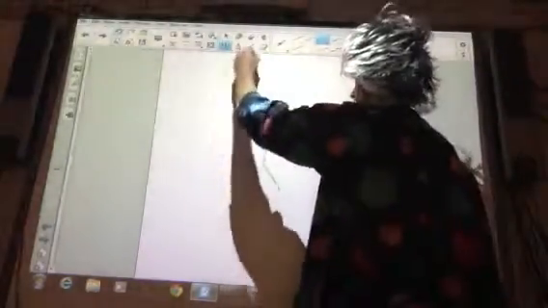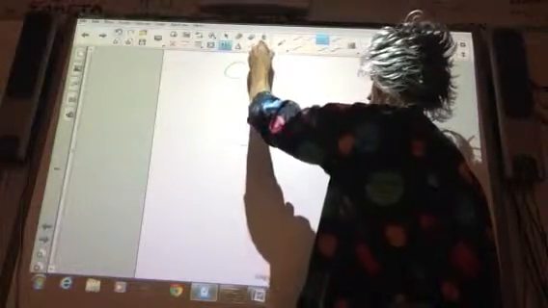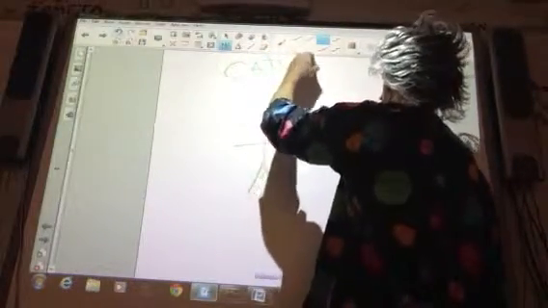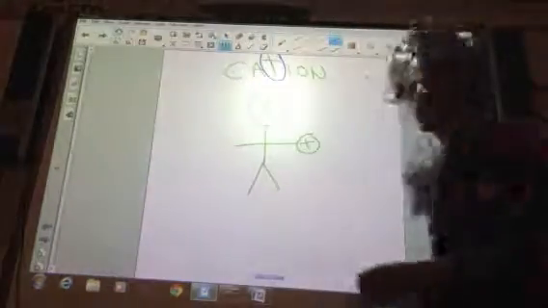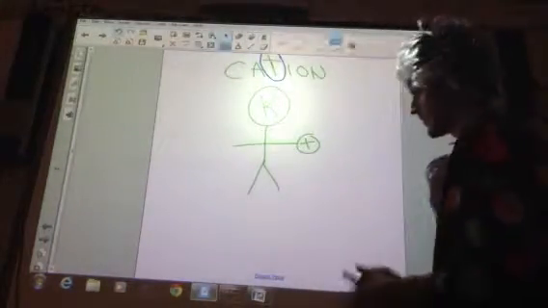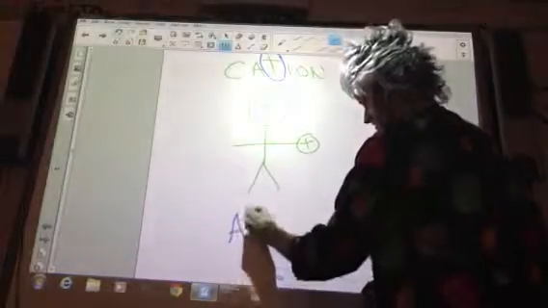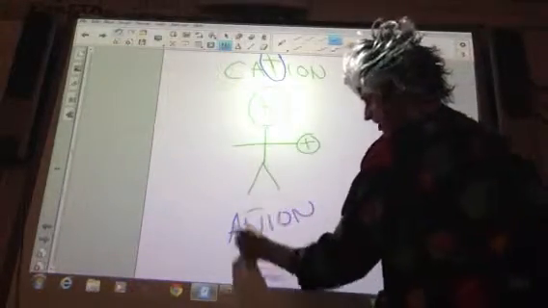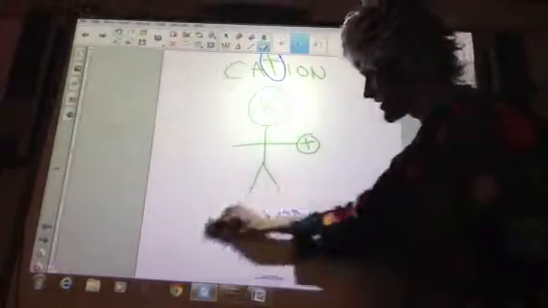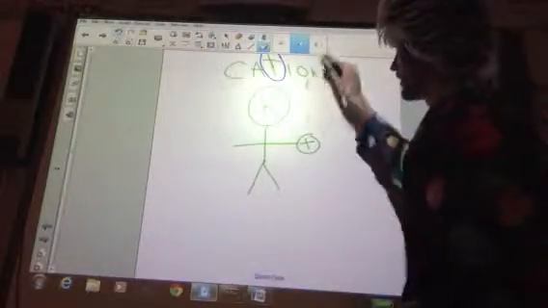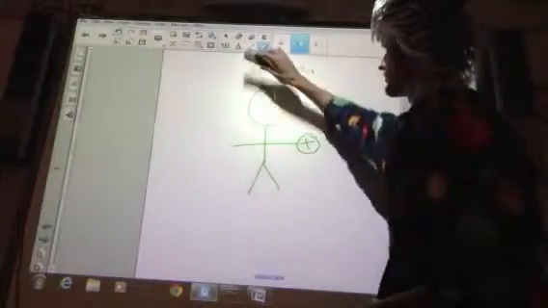Remember, it's cat-ion because there is a plus in cat. Remember, anions are negatively charged because there's an N in anion. They're both ions, one's positive, one's negative. Remember, that can help you.